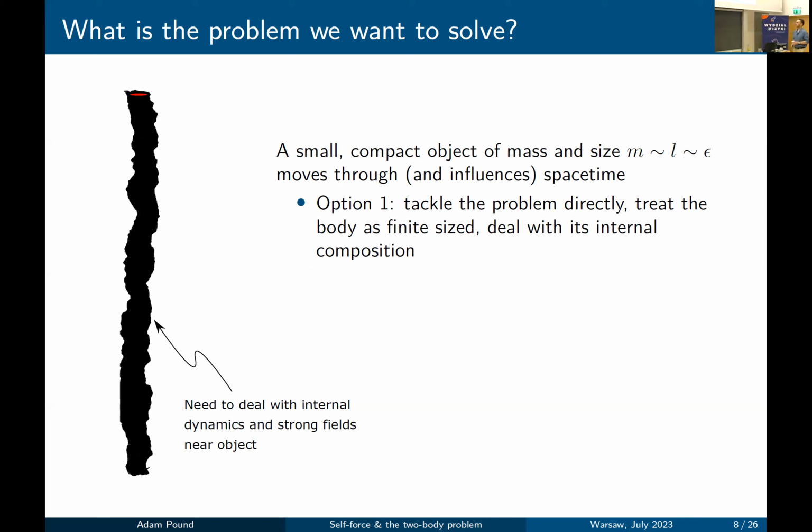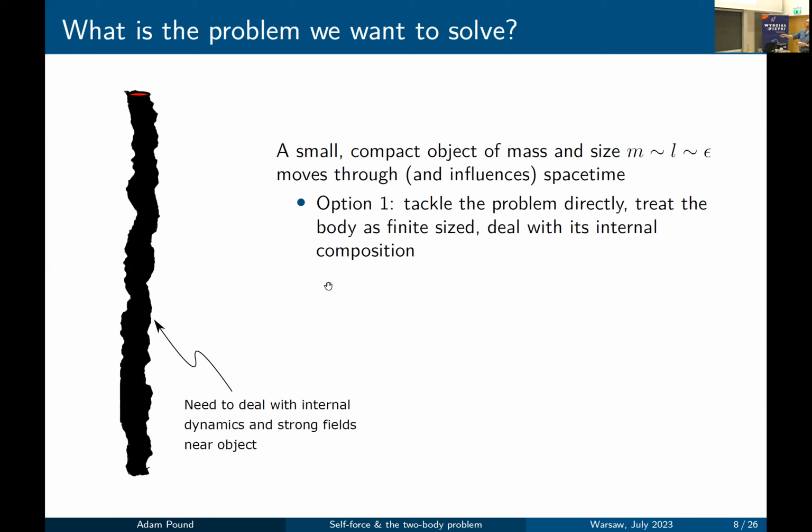I'm going to restrict my attention to compact objects, meaning that the mass and spatial size of the object are comparable to each other, and both comparable to my small quantity epsilon. So epsilon here, as I said, for a binary system is small mass over big mass. For a totally generic external background spacetime, epsilon here will be small mass over just whatever external length scale is convenient.